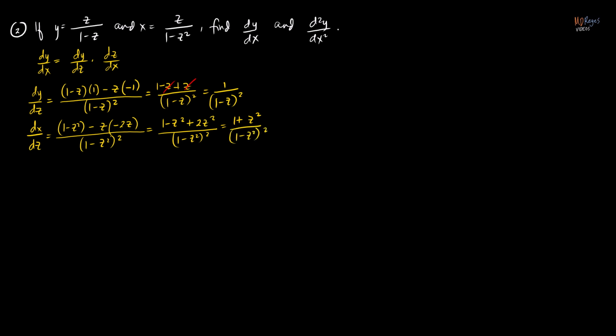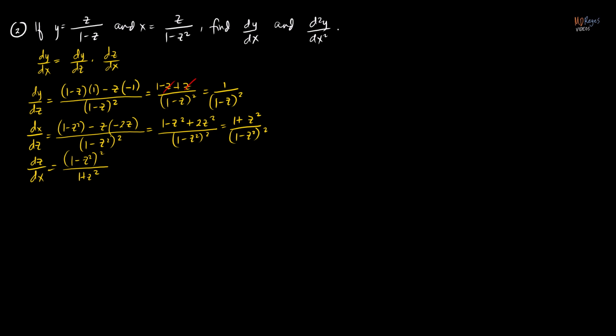Okay, so if dx over dz is equal to this expression, then in the formula we need dz over dx. So dz over dx is just the reciprocal of (1 plus z squared) over (1 minus z squared) quantity squared. So that's (1 minus z squared) quantity squared over 1 plus z squared.